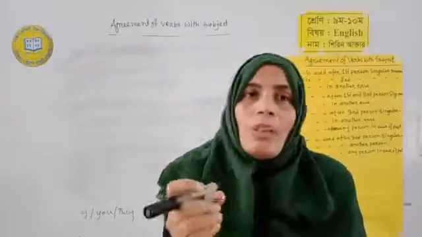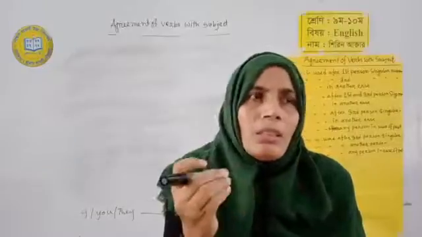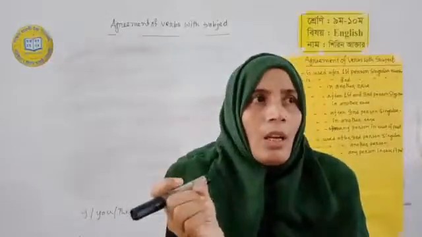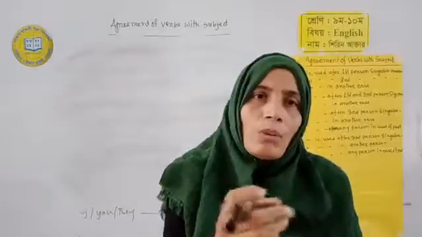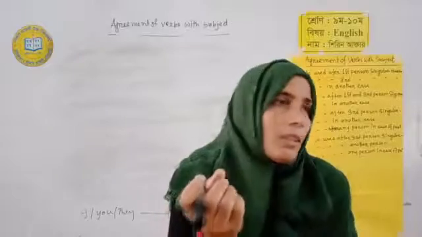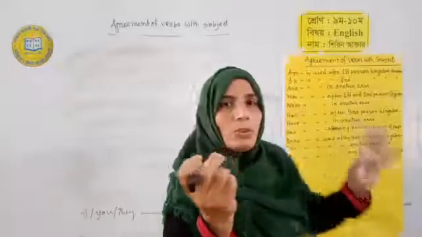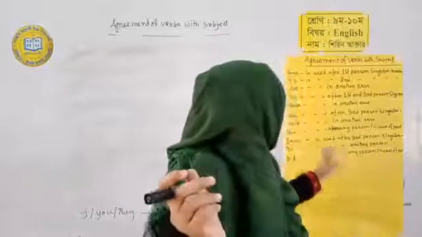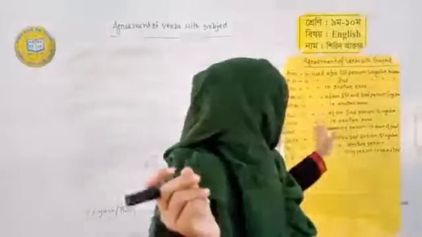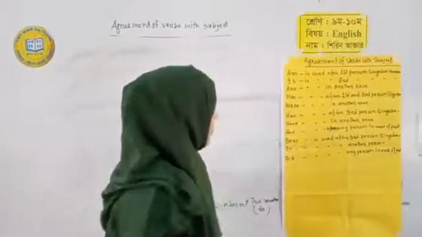If there is no auxiliary verb, that means in the case of present indefinite and past indefinite there is no auxiliary verb. So if we want to make a present indefinite or past indefinite sentence negative or interrogative, we have to use this auxiliary verb do or does from outside. That is why do and does are auxiliary verbs.